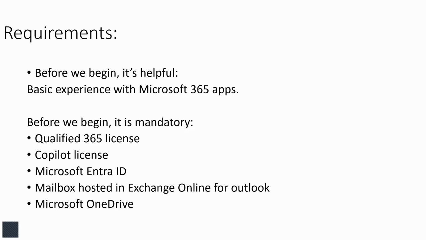But you need to talk to your IT to make sure you have a qualified 365 license, Copilot license, Entra ID, mailbox, and Microsoft OneDrive. You need to have all of them set up. Otherwise, you cannot use Copilot to work with your Microsoft 365 apps. Okay. You need to check with your IT.